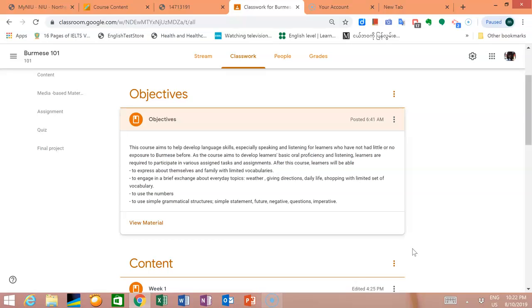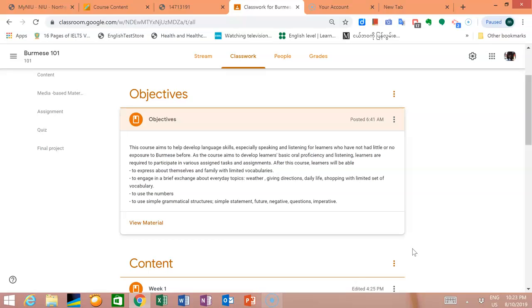The first objective is that after our learning module, learners will be able to express themselves and their family members with limited vocabulary. And they will be able to engage in a brief exchange about everyday topics such as weather, giving directions, talking about their daily life, and shopping.